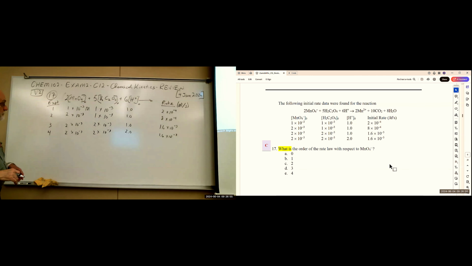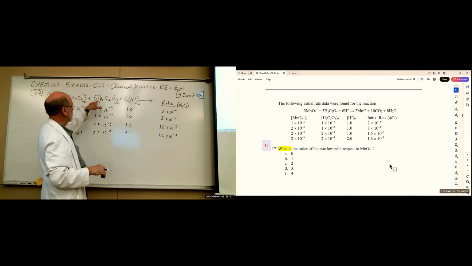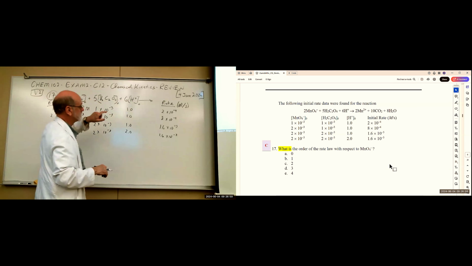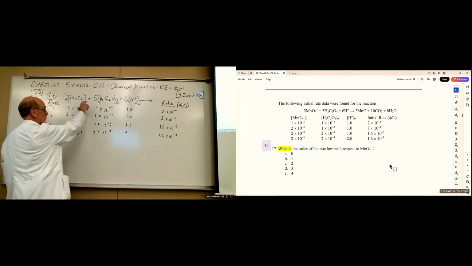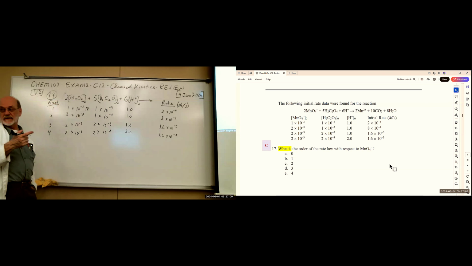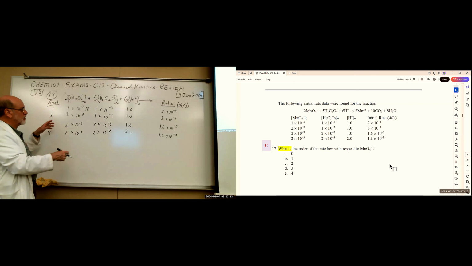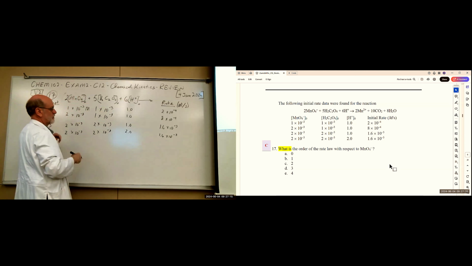And you'll notice that we have 3 components here and 4 experiments. That's the minimum amount you need. You need n plus 1 experiments to cover all possibilities, where you're holding 2 of them constant and let the other one vary.